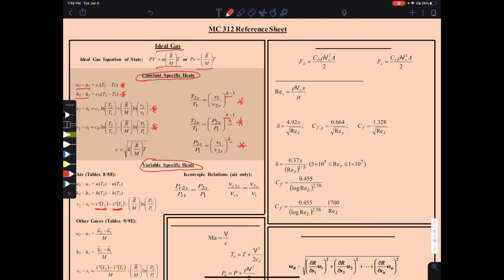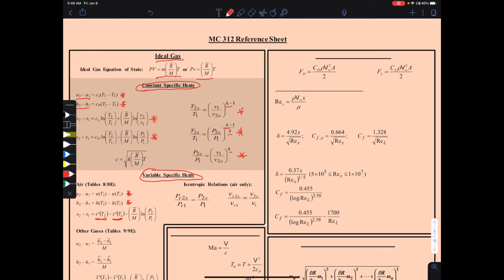But remembering that for an ideal gas, our internal energy is still only a function of temperature, and enthalpy is only a function of temperature. Next, just to reiterate our isentropic relations for variable specific heats and applying to our ideal gas of air only, we have a ratio of our relative pressures and relative volumes. And remember, you can find both of these values tabulated in table 8 or 8 echo.